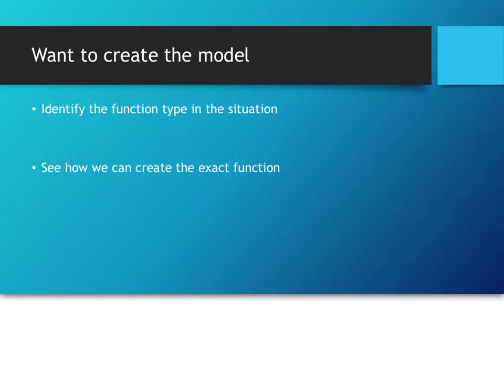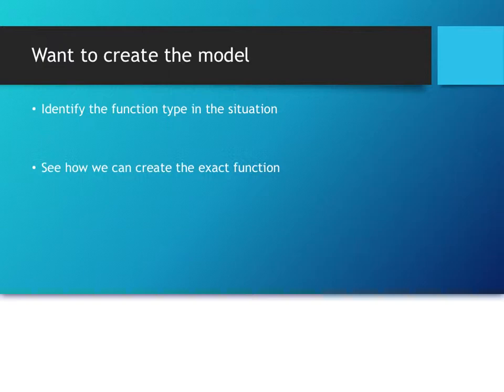All right. Now, what I will do is I will either give you the model or I'll have you create it. Now, if you're going to create the model, or if you're given the model, you're going to have to identify what type of function it is, what type of situation we're in. Are we in linear, exponential?